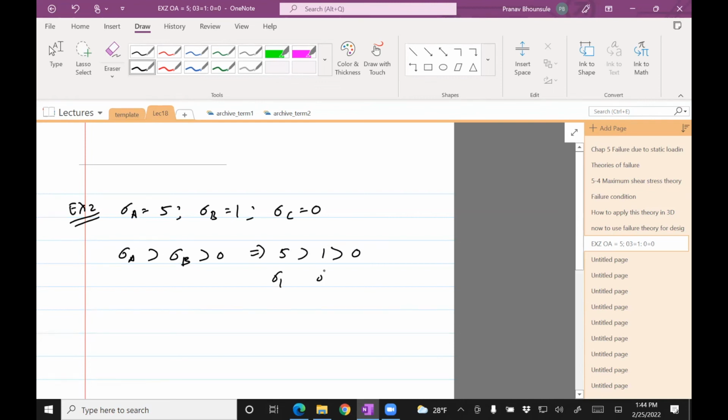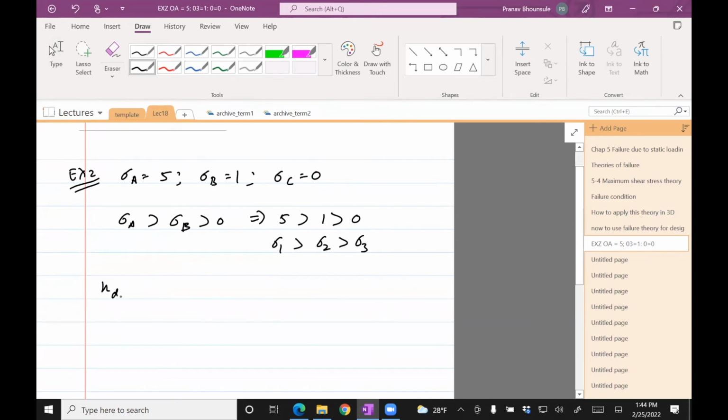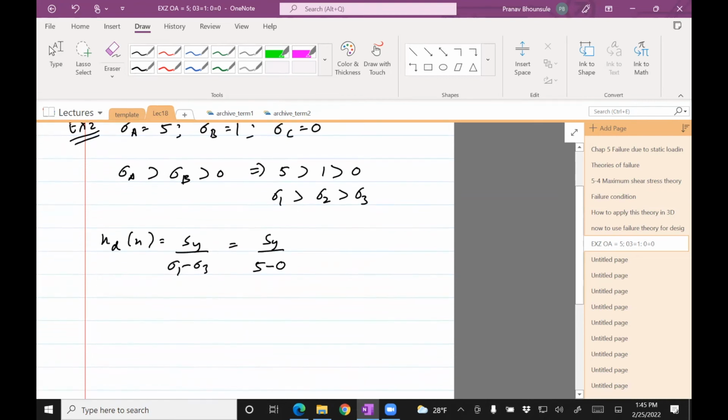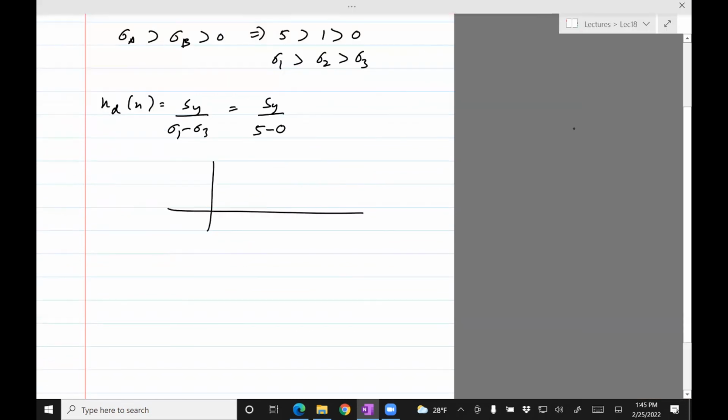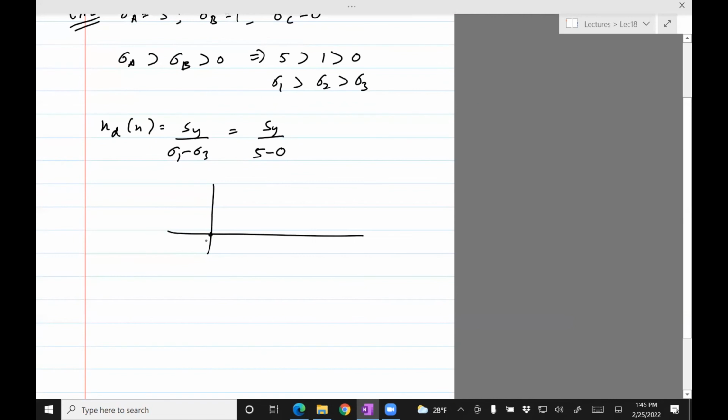This is sigma 1, this is sigma 2, this is sigma 3. And now your equation for design would be Sy divided by sigma 1 minus sigma 3, which is 5 minus 0. Okay. We can also do this with Mohr's circle, so this is one stress, sigma 1.